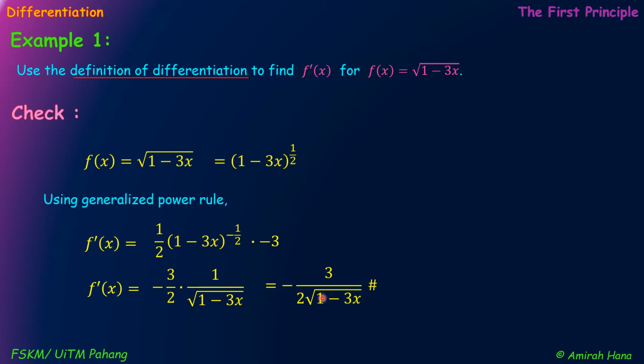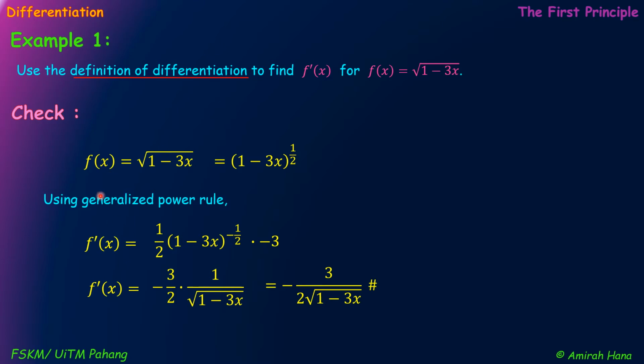This is the final answer for f prime x if we find it using the generalized power rule. But in this case, the question says to use the definition of differentiation to find f prime x, which means you need to use the limits formula.